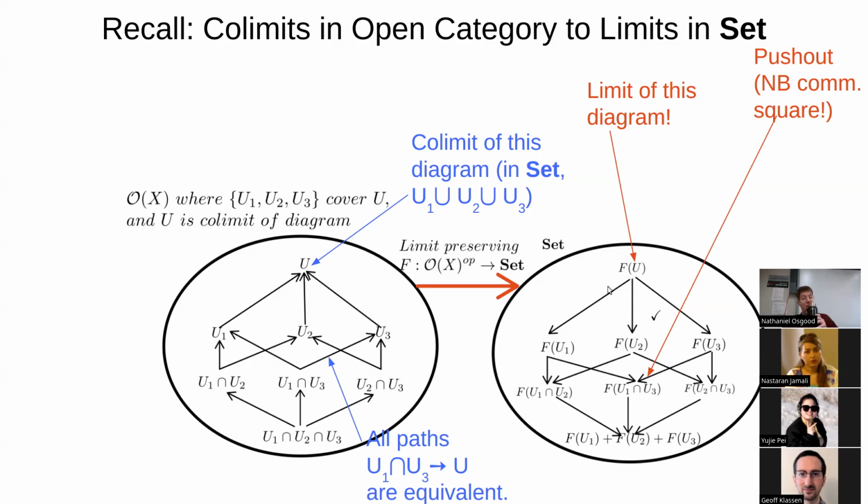But the fact that this is a limit of this diagram basically means that all of the maps in the cone commute.